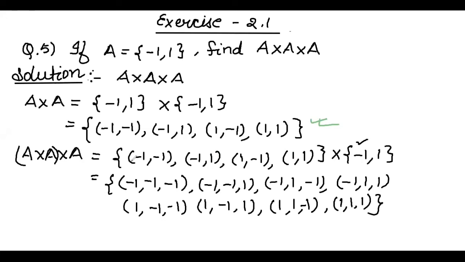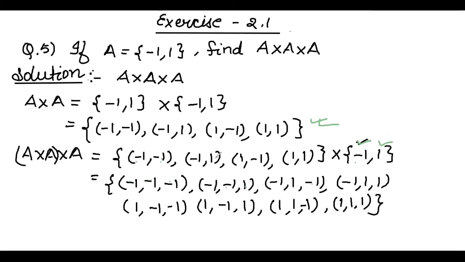So, first element minus 1 with this minus 1, so minus 1, minus 1, minus 1. Next is minus 1 with this element 1, so minus 1, 1. The next is minus 1 with minus 1, so minus 1, minus 1.